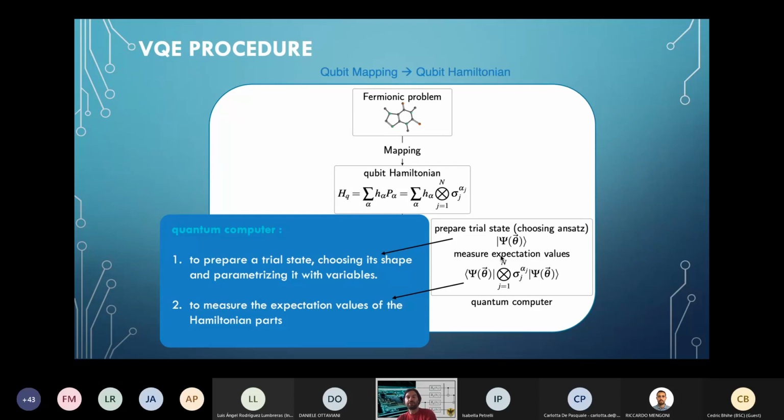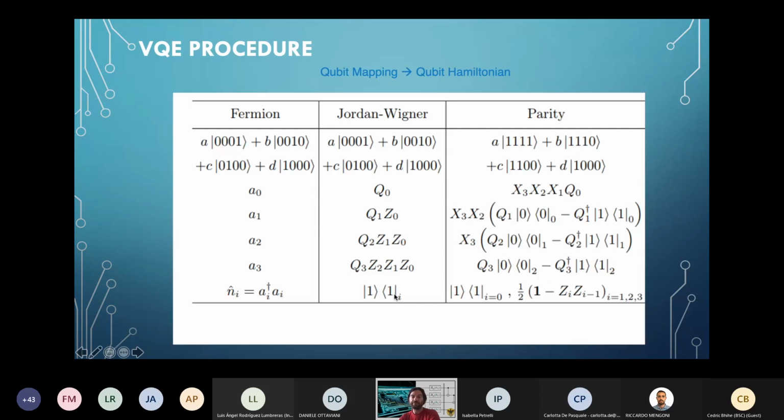Okay, so this is just another summary. You go from the molecule to the mapping, the qubit Hamiltonian, which is just a sum of Pauli strings. And then the algorithm works such that you have to prepare a trial state and measure expectation values on a quantum computer. This is an example of another mapping.